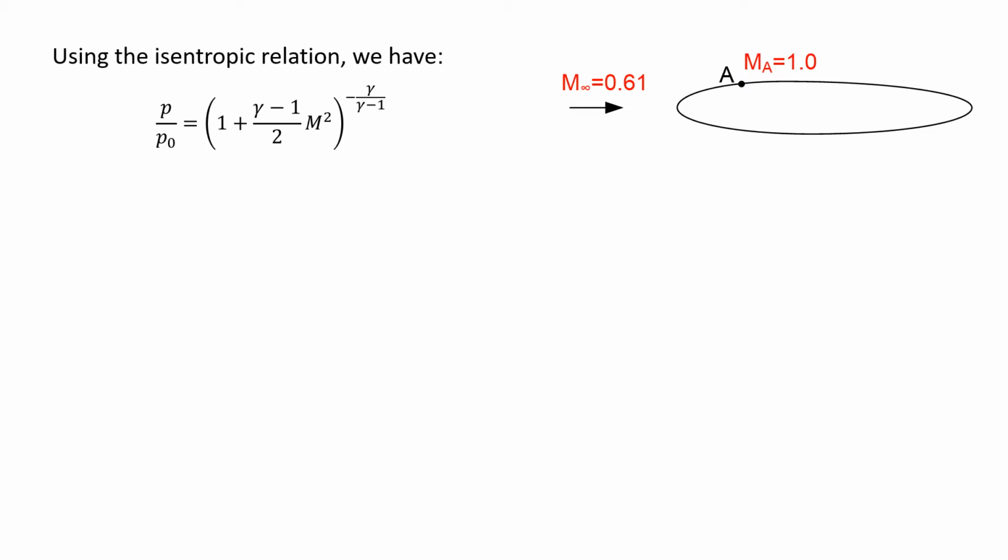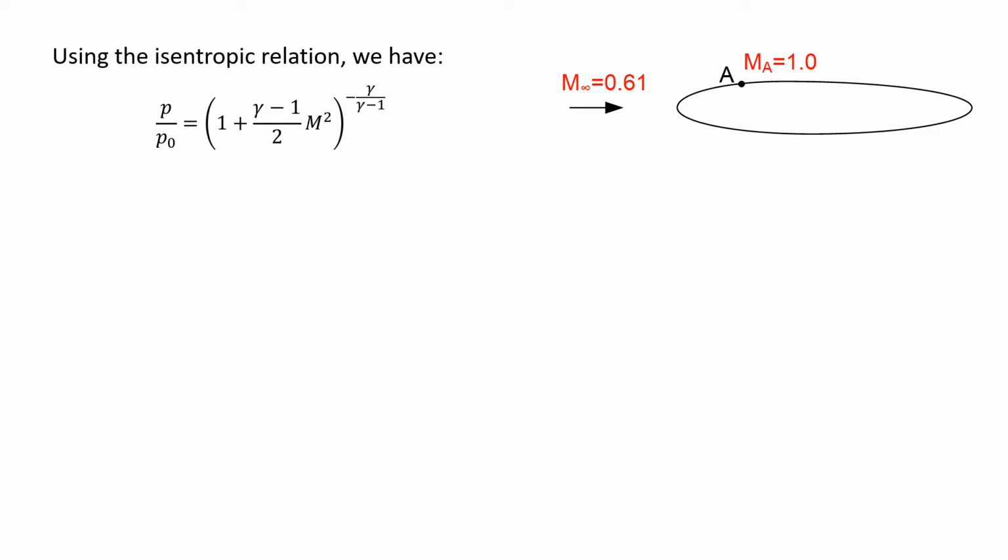P is the local pressure at a random point of the airfoil, and P0 is the total pressure in this flow. And then P over P0 has a relation with the Mach number, where M is the local Mach number at that random point.